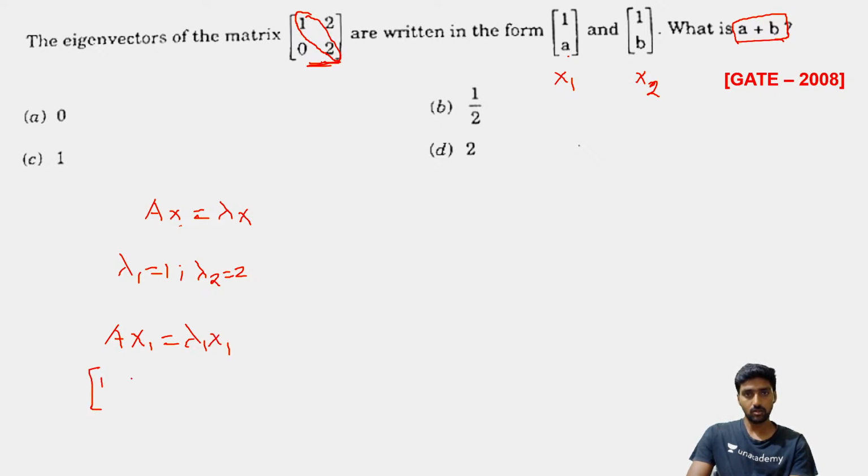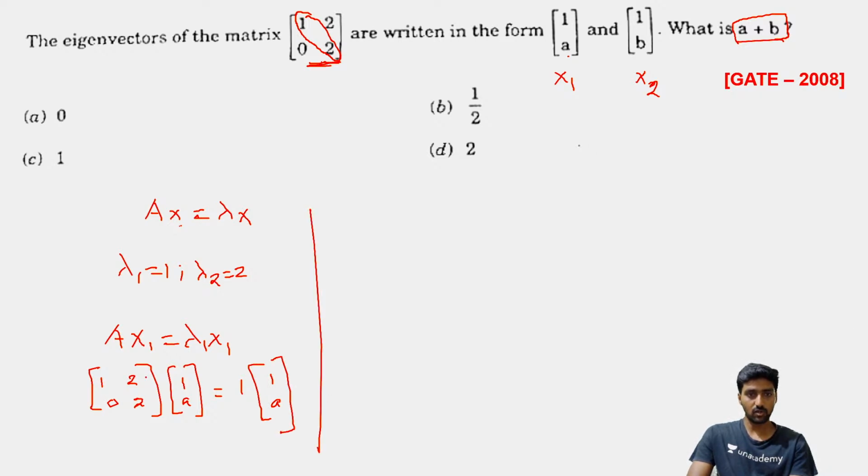Now 1, 2, 0, 2 into 1, a is equal to 1 into 1, a. Now simplify the equation. First row into first column: 1 plus 2a is equal to 1. From this equation, a is equal to 0.